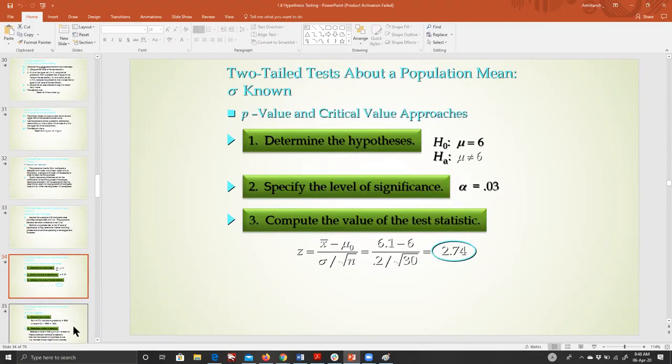Null hypothesis is mu equal to 6 ounces, you are assuming it is 6 ounces. So the alternative hypothesis is mu is not equal to 6 ounces. Now it's a double tail or two-tail problem. Now the level of significance given by the question is alpha equal to 0.03. And what is the z value here?